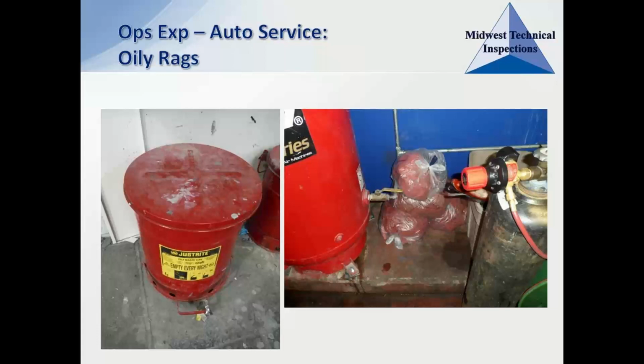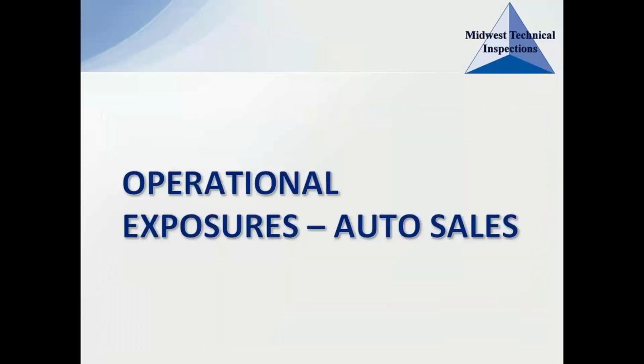Sometimes you'll see a mesh bag that the laundry service uses to pick them up and deliver them. That's going to allow air into those rags, and it's going to abet, or aid, the fire process. So if they do start to self-combust, that's just going to fuel that fire, and it's going to cause it to burn even faster. So we want to see them in these metal cans with the self-closing lids.